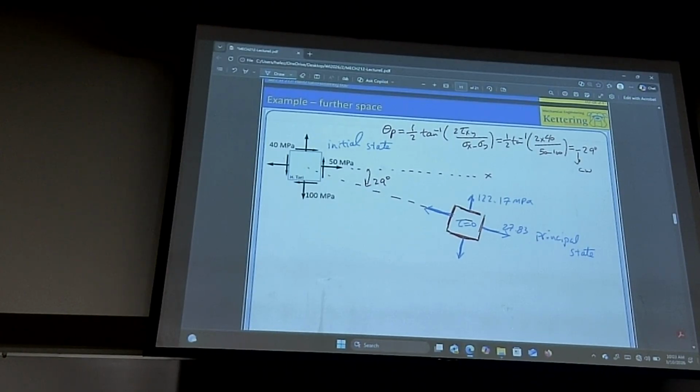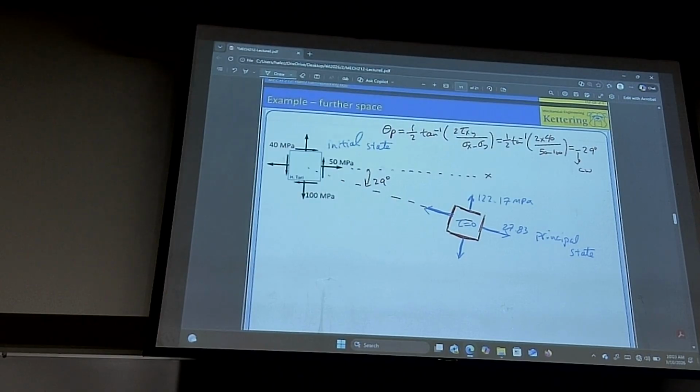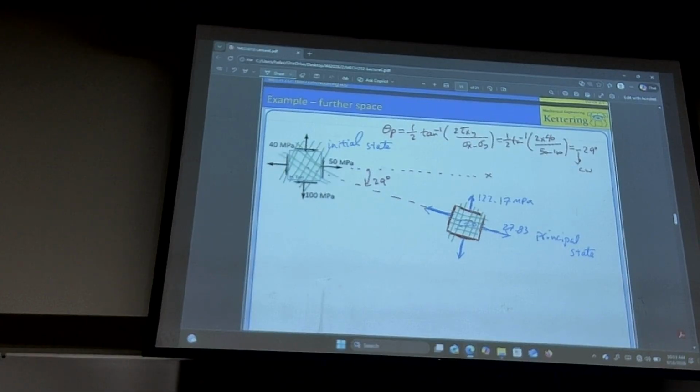So really, this means all the fibers in these directions are the critical stresses, critical fibers. They start to get damaged.